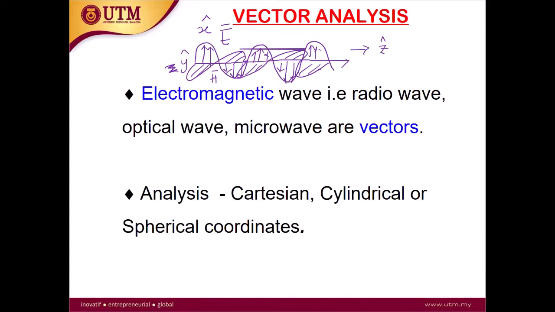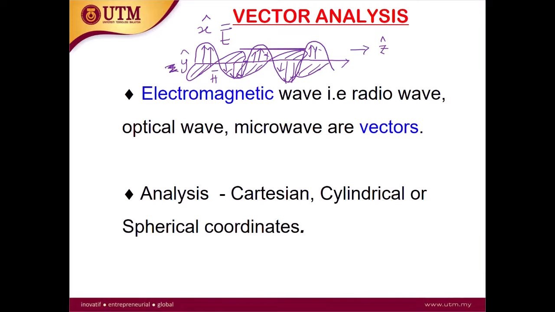And the source to produce each field will be different. For example, the E field is contributed by stationary charge, while the magnetic field is contributed by steady current, and the electromagnetic field is produced by time varying charge, time varying current.